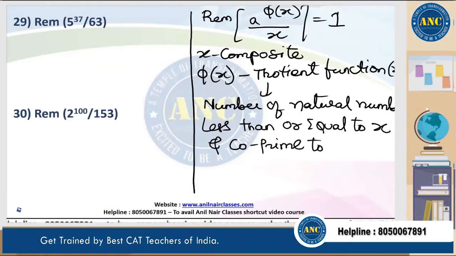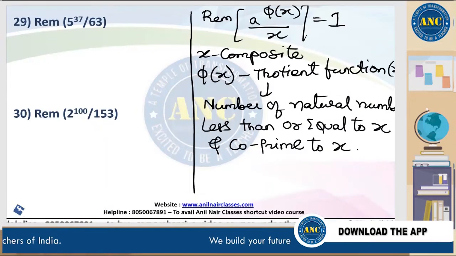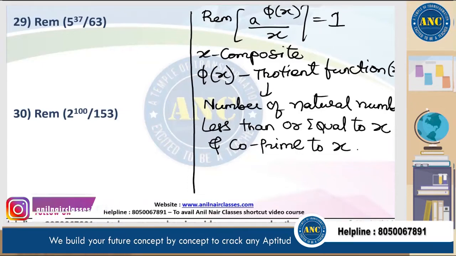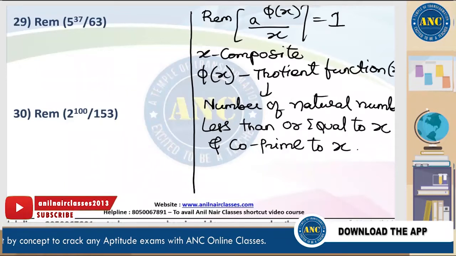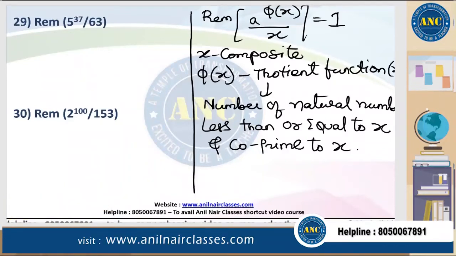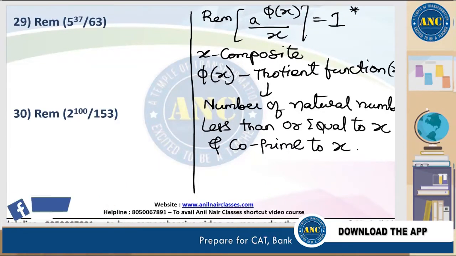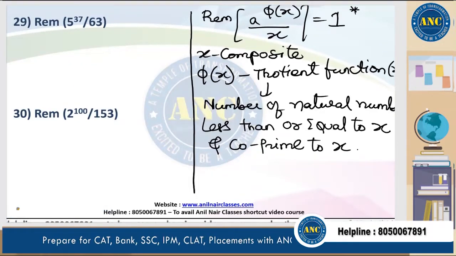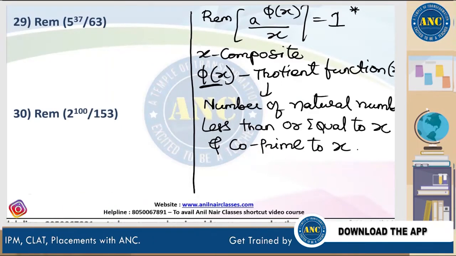We'll see what is the totient function, how to derive the numbers which are less than or equivalent to a number and co-prime to x. Remember, Euler's theorem is used only when the denominator is a composite number, first point, and the numerator and denominator should be co-prime to each other. We can easily determine how we will get the remainder 1 by using this function. But before using it, we need to understand in detail what this function is by taking a few examples.